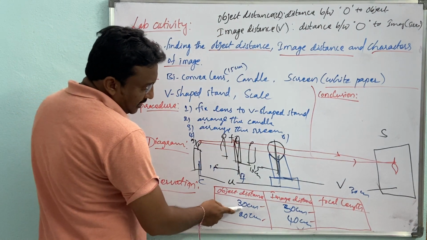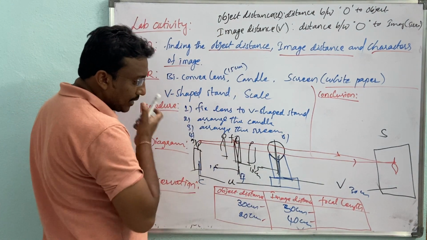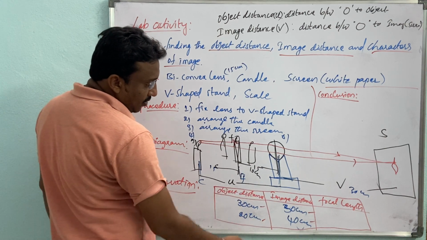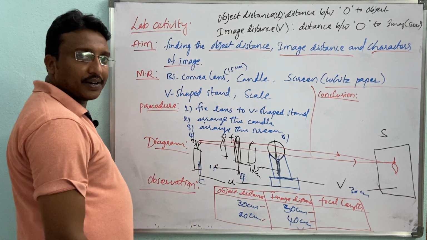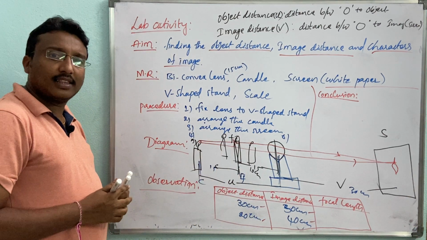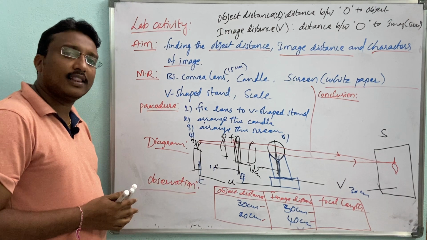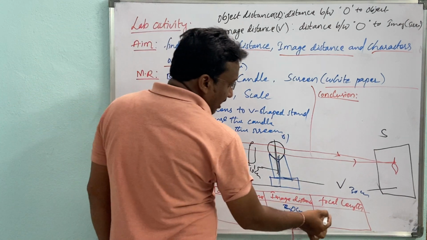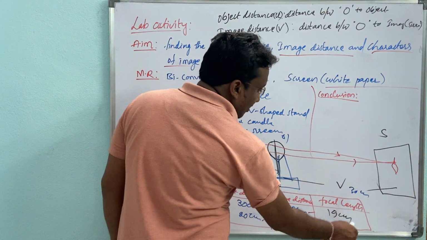And here one more thing you have noticed. Sir, object distance I got, image distance I got, 30. Sir, what is the focal length? In this case we can say 15 centimeters.